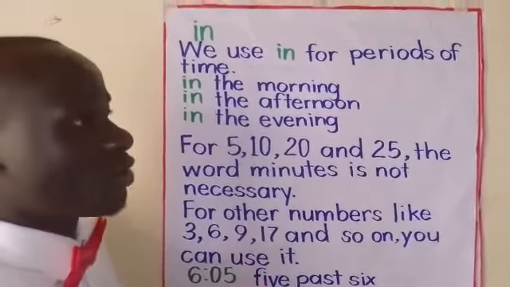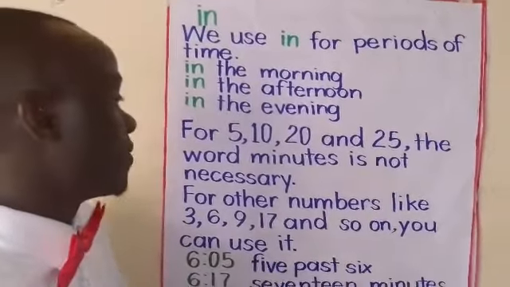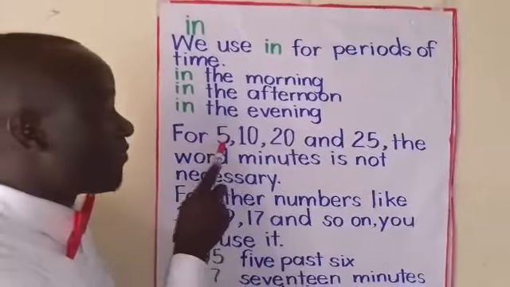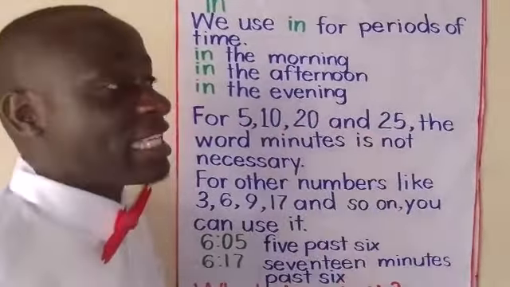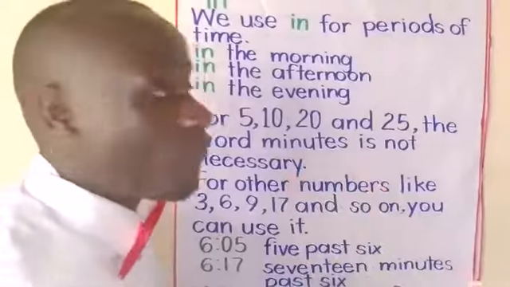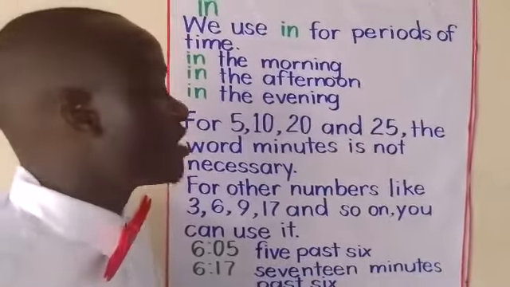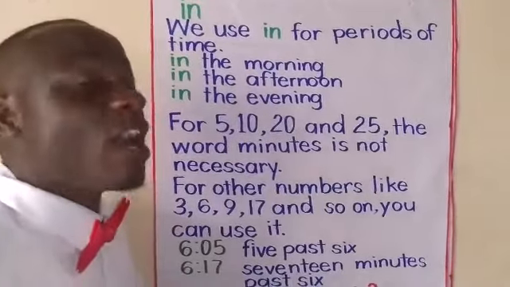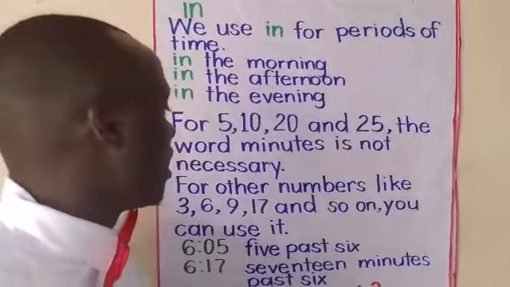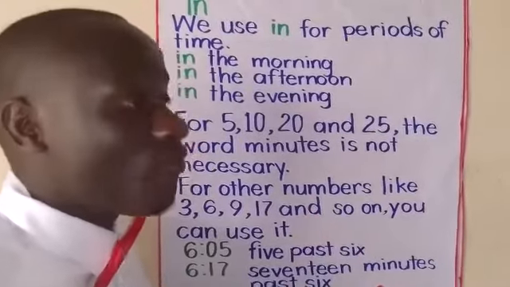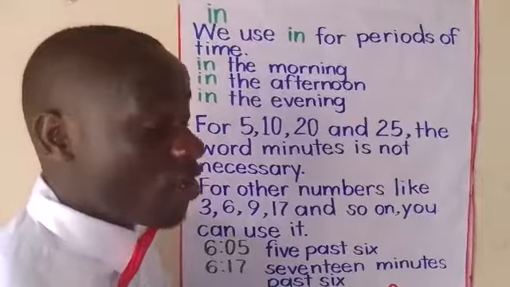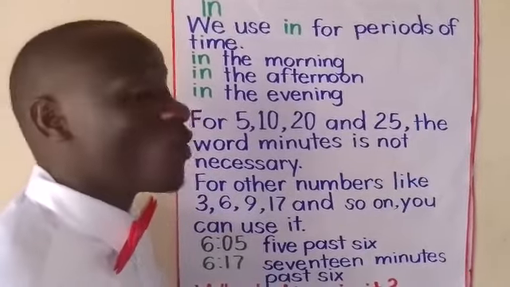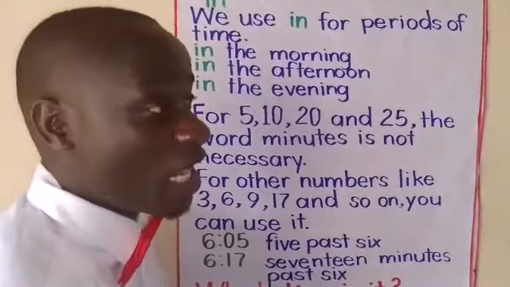Then another thing that we should be reminded about is that for the multiples of 5, like 5, 10, 20, and 25, when we are telling time, we don't need to use the word minutes.